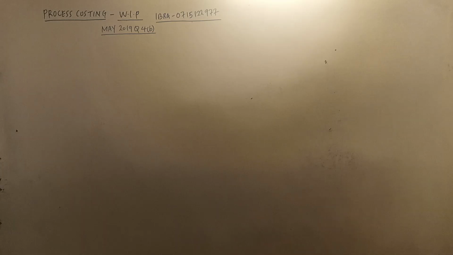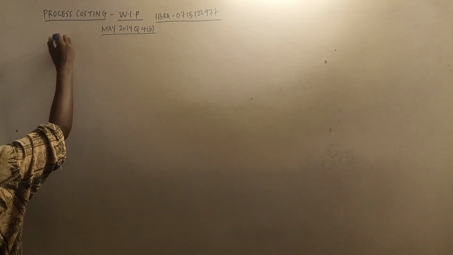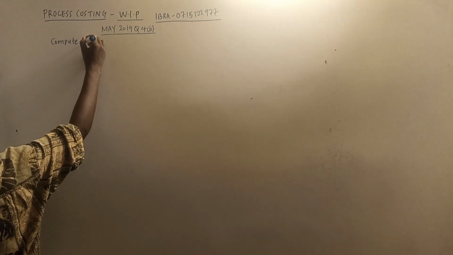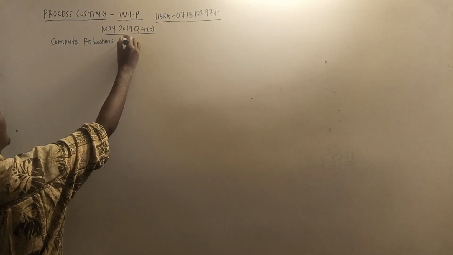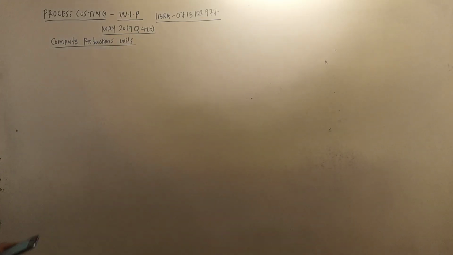So we'll start with the first step. We come up with production units. So we compute, we start with opening stock. When we are computing production units, we start with the opening work in progress.